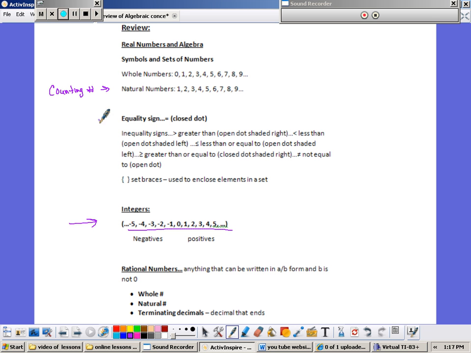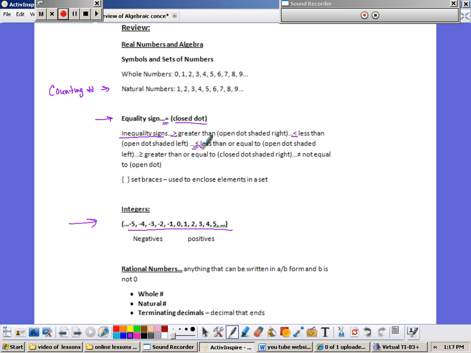An equality sign is an equal sign, and if you graph it, it's a closed dot. An inequality sign is a greater than sign. If it's graphed, it's an open dot shaded to the right. A less than sign is an open dot shaded to the left. A less than or equal has this little line under it, which means that it's also part of it.